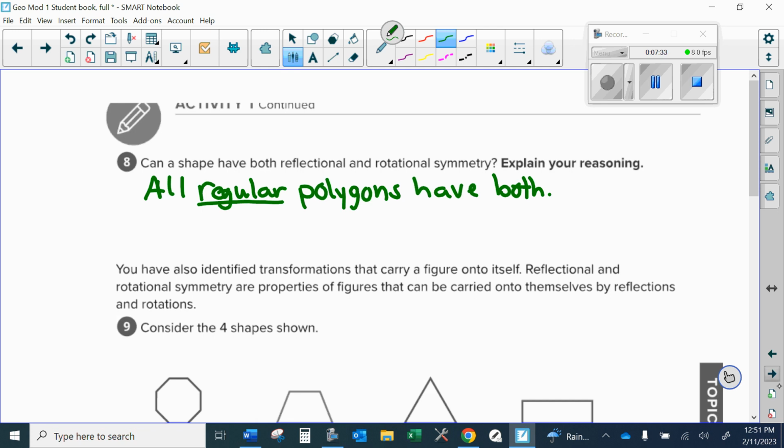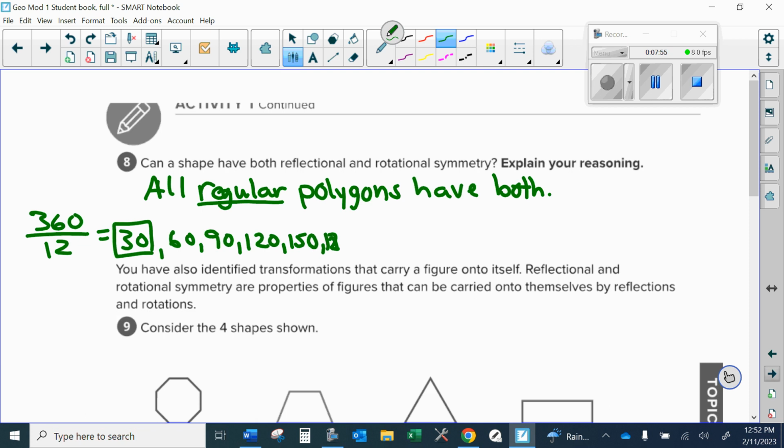And remember, for the rotational piece, it's just 360. So say it was a dodecagon. That's got 12 sides. That means every 30 degrees, it would rotate back onto itself. If it's a rotational symmetry, that's the first one, 30. If I wanted the symmetries, I just add 30 each time until I got up to 360, but I don't include that one. 180, 210, 240, 270, 300, 330, but again, I don't include 360, so I'm done.